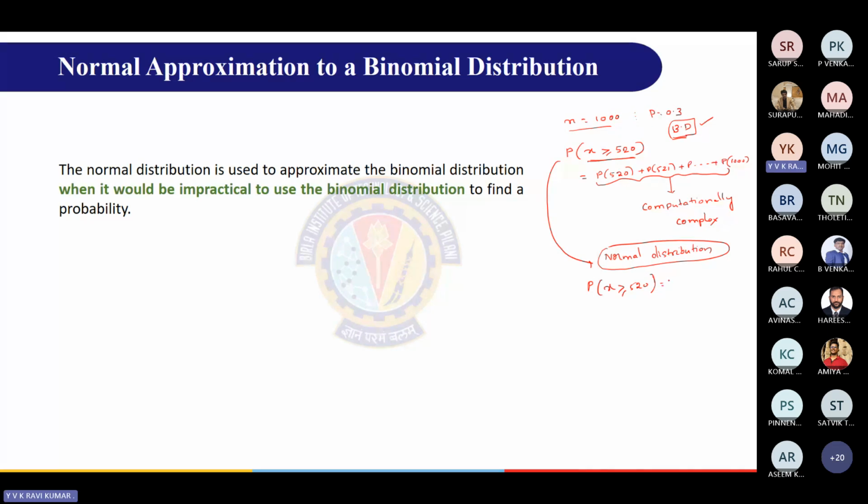If it is normal, do you see any complexity in doing computations? Simply write Z greater than or equal to some value, then 1 minus like this only, right? If it is 520 or 100 or 1000, any value here doesn't matter, right?